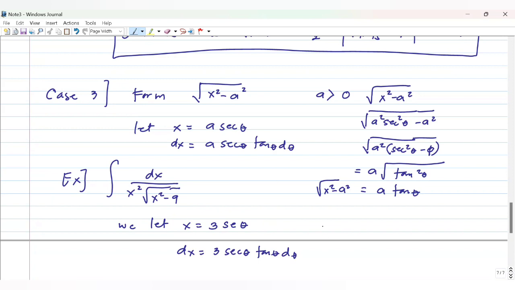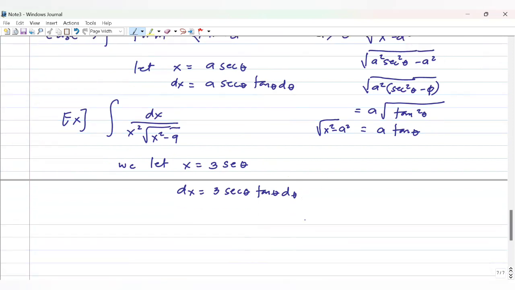Okay, so it should be clear that our square root of x squared minus 9 should be equal to 3 tangent of theta.